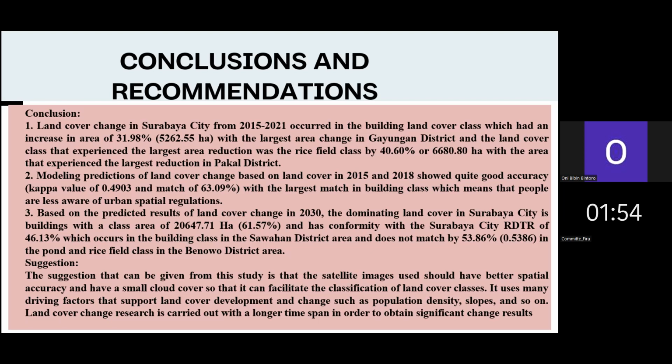Additionally, the research implies that 40% of land utilization will conform to the detailed spatial plan RDTR of Surabaya, where 50% will deviate from this standard.